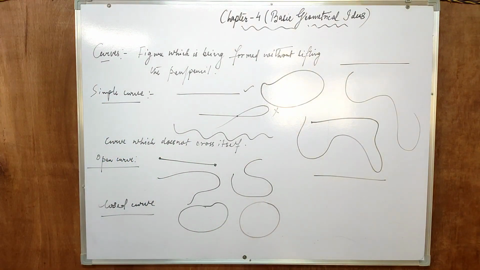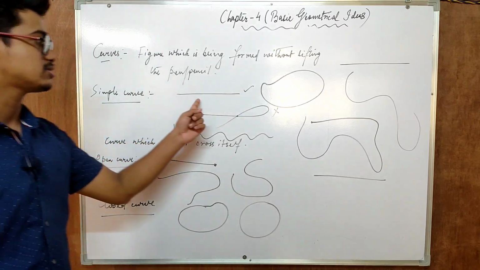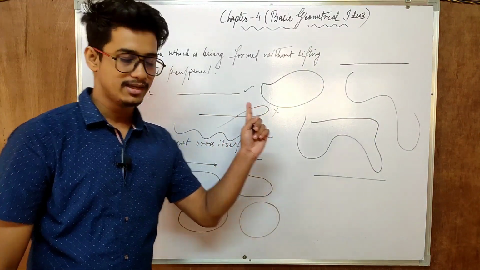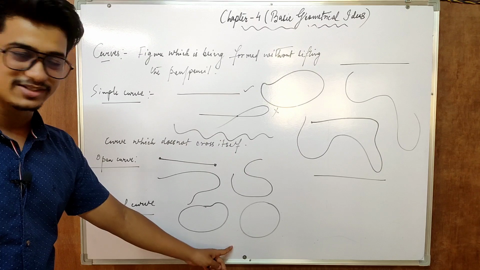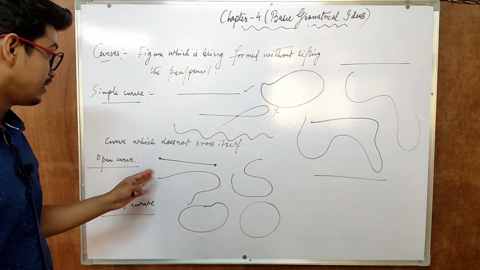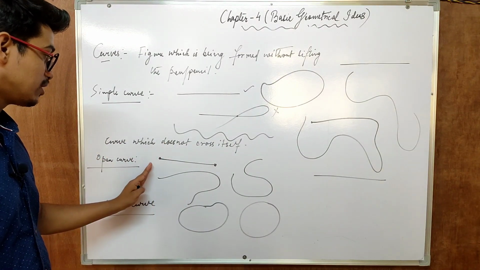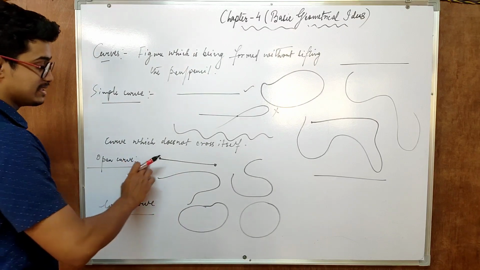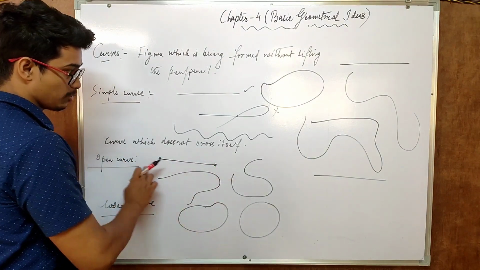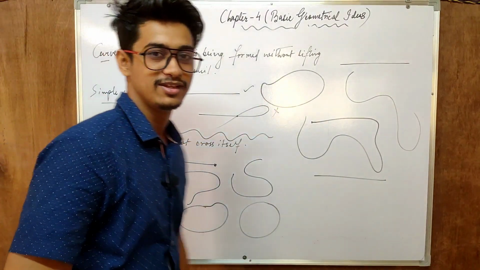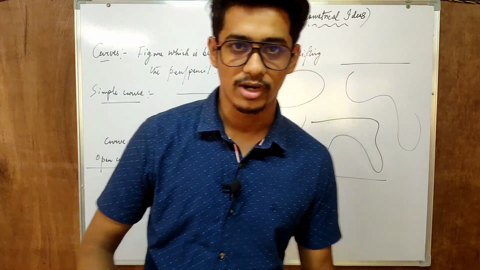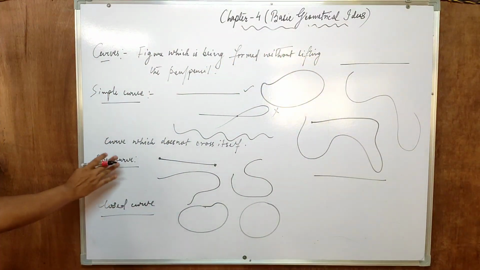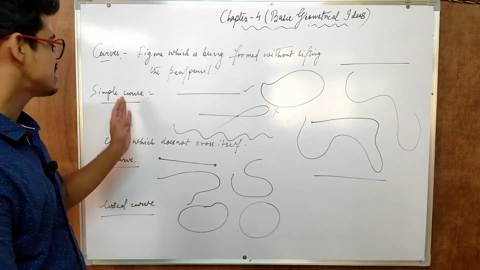But there is some difference with the simple curve. This is also a simple curve, right? But this is not a closed curve. Sorry, this is an open curve, but this is not an open curve. There is some difference. The mixture of open and closed curves is called a simple curve.